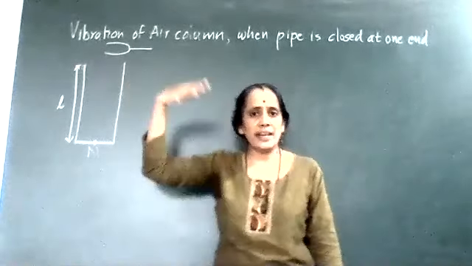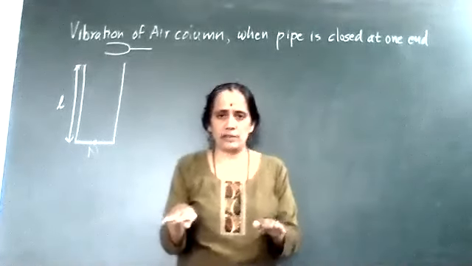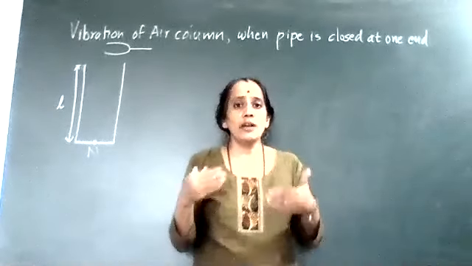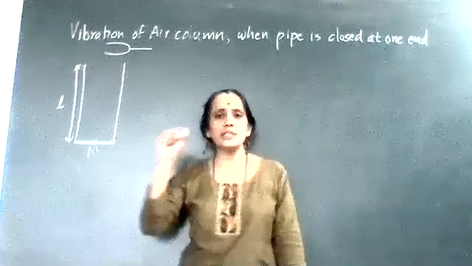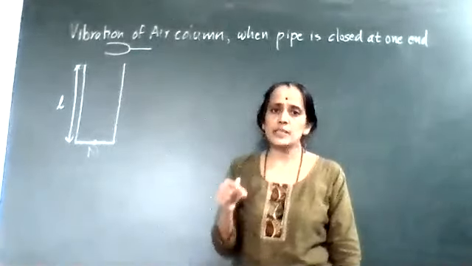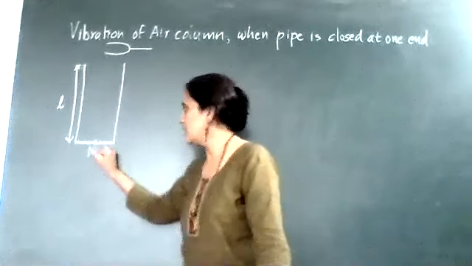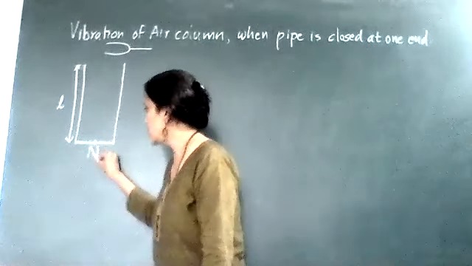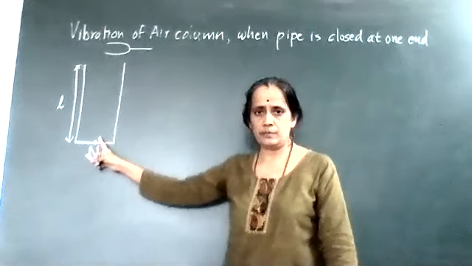Now, when the wave gets reflected, the rigid wall is not ready to vibrate, which means that at this particular point, the displacement of the rigid wall is zero. And when the displacement is zero, that point is called a node point. So here is the formation of a node at the closed end.